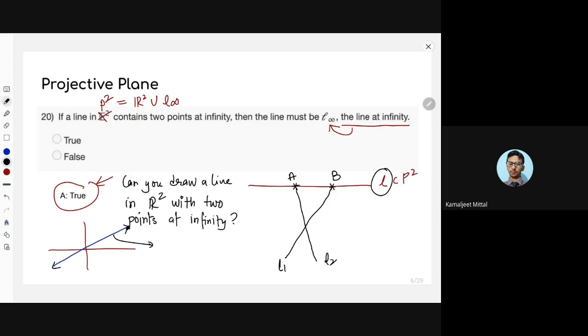Let's call this line M, and the point determined by the class of this line in L infinity. So M intersects L infinity at this point. So there is no line in R2 which has more than 1 point at infinity.